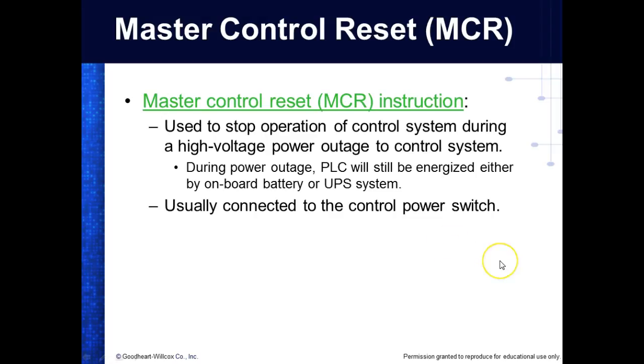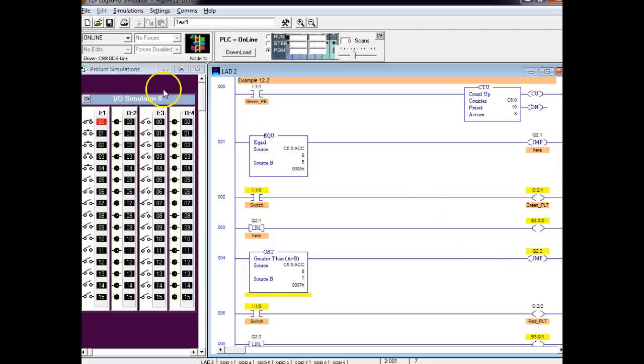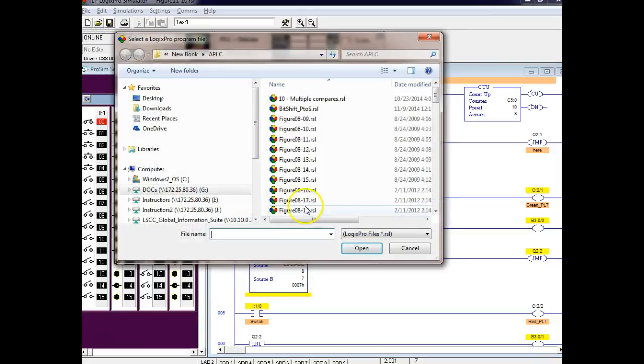Y'all go ahead and take a break. I'm gonna see what they got in the actual Logic Pro diagrams. Figure 11-11.